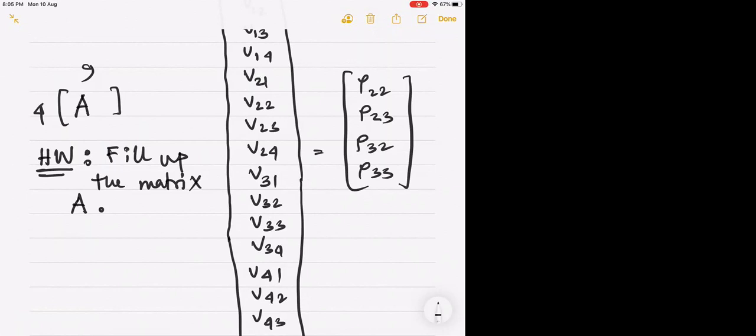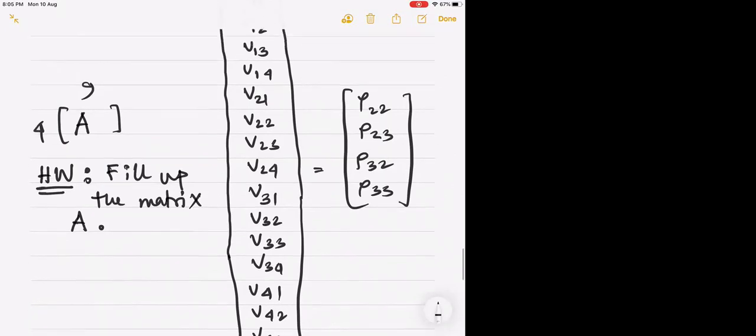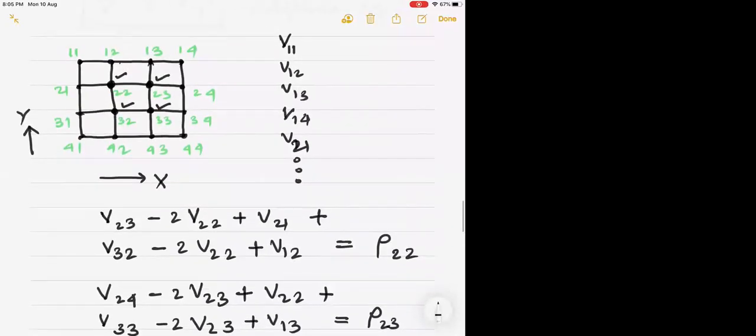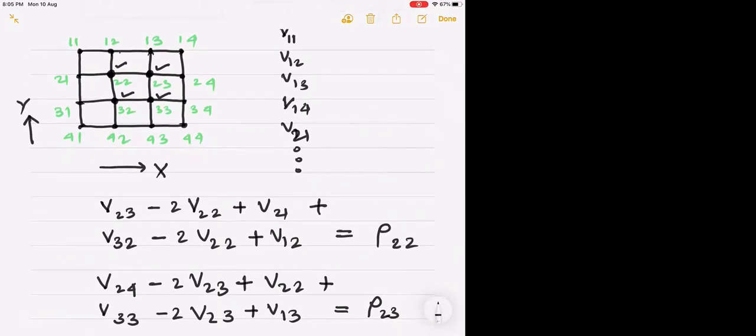No, in fact, there are not 9. These are in fact 16. So there are actually 16 unknowns and 4 equations, which means 12 of these values are the ones that we must know.